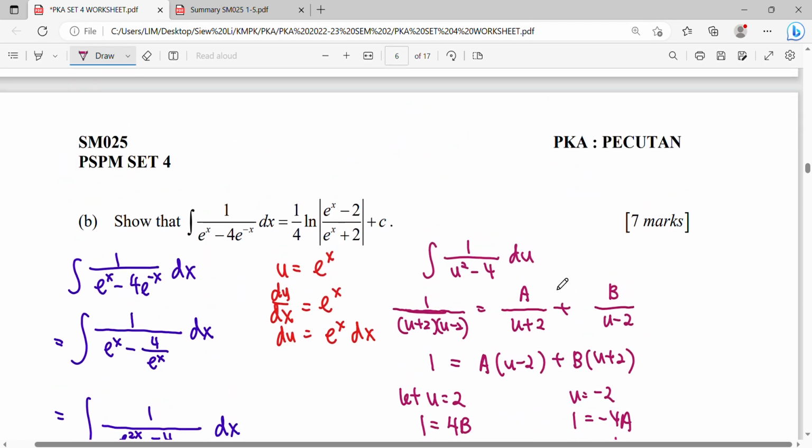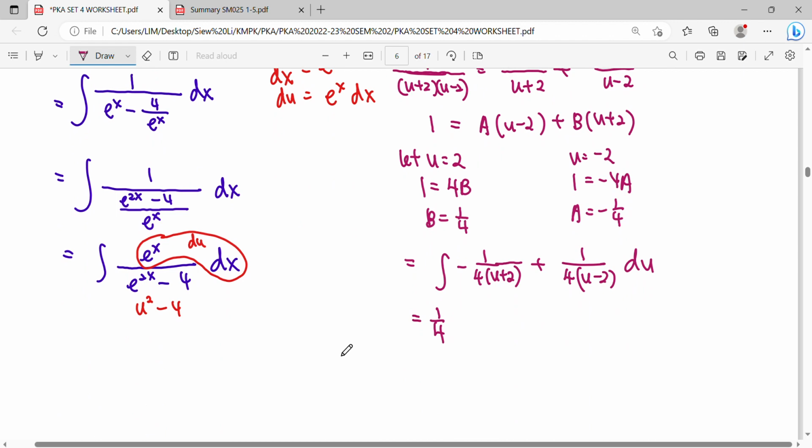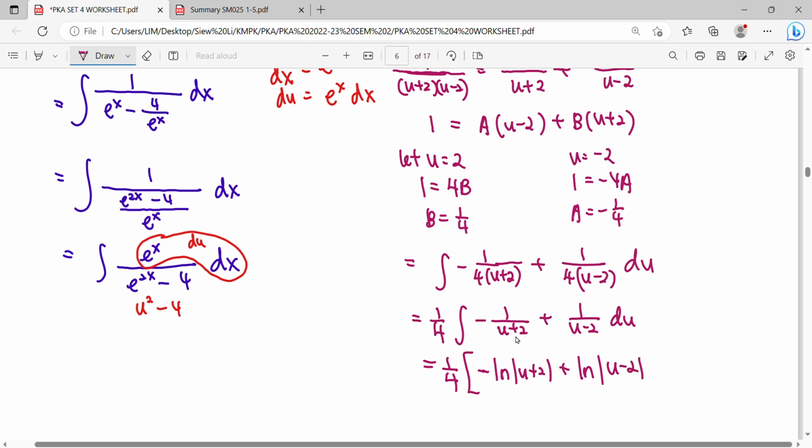As you can see, the answer here has 1 over 4 already taken out. Here we only integrate negative 1 over u plus 2, and this one 1 over u minus 2. So integrate the fractions. Linear, right? u plus 2 is linear, right? So we can directly get negative ln|u plus 2|, here ln|u minus 2|, plus C.